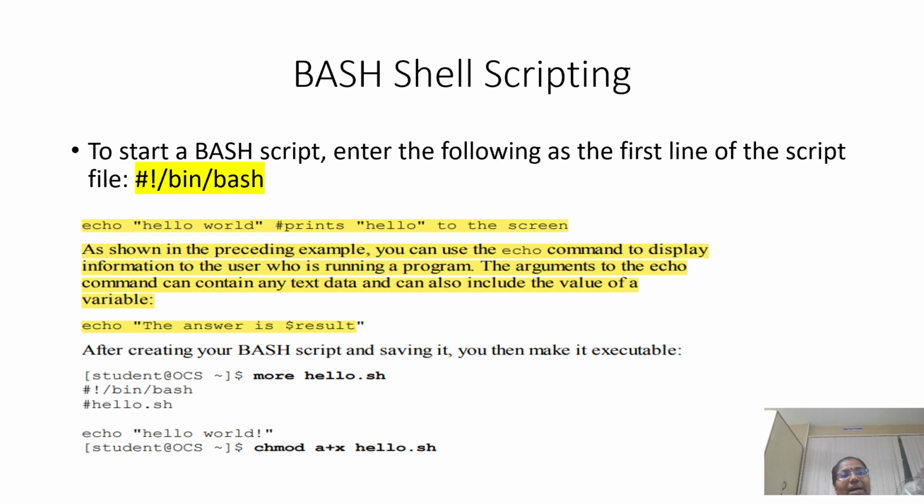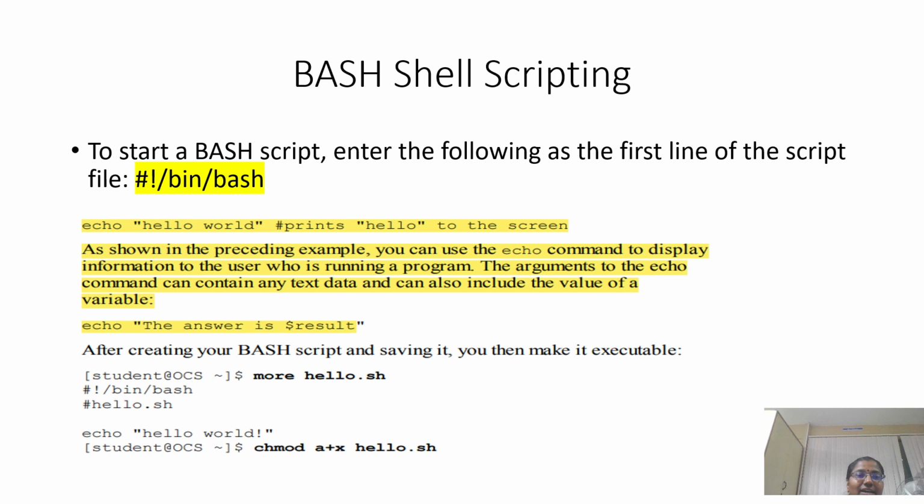To start a bash script, enter the following as the first line. For any shell script, the first line should be #!/bin/bash, if bash is installed in your distribution, Ubuntu or Red Hat.